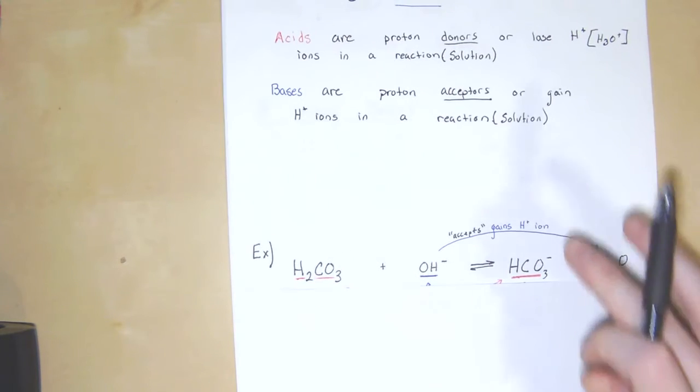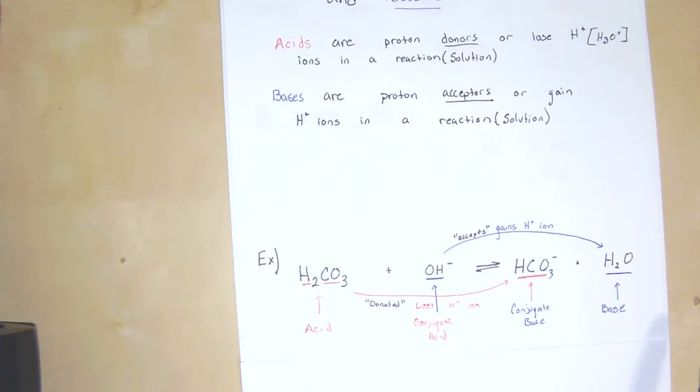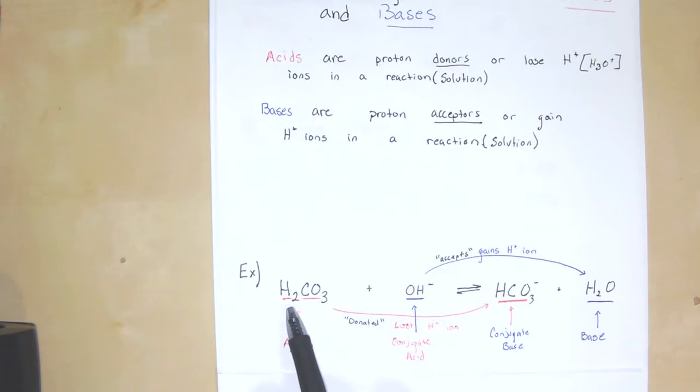So in this example, the H2CO3 ends up at the other end of the reaction as HCO3 minus, and it has obviously lost a hydrogen. It's lost that H+, and therefore it's donated its ion to the reaction. So that makes the H2CO3 our acid here, and the resultant is its conjugate base.